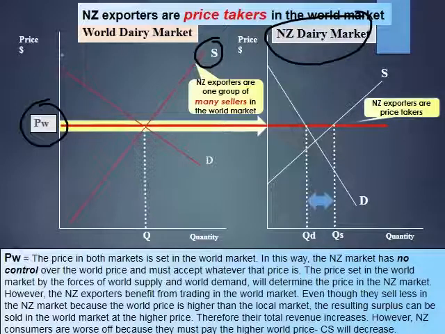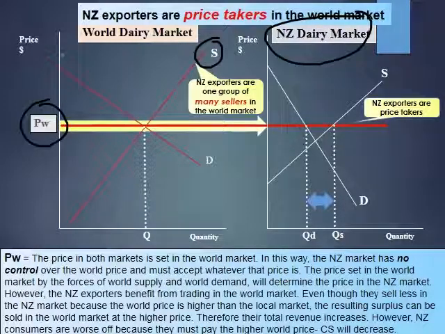So the price in both markets is set in the world market. In this way, the New Zealand market and producers have no control over the world price and must accept whatever that price is. The price is set in the world market by demand and supply, and those changes in demand and supply will determine the price in the New Zealand market.